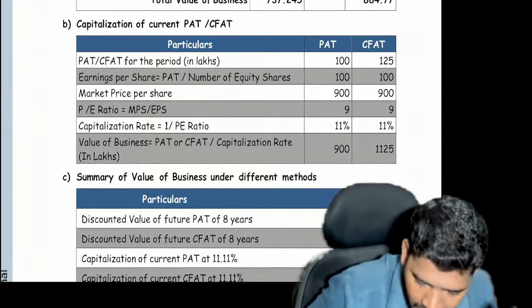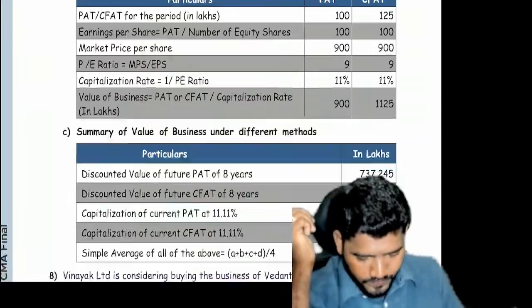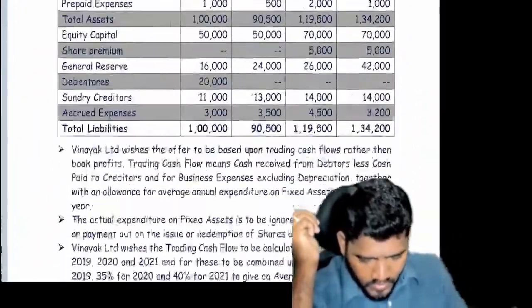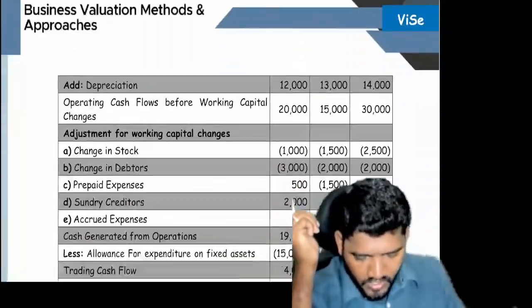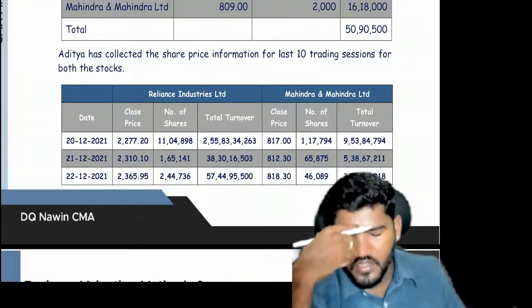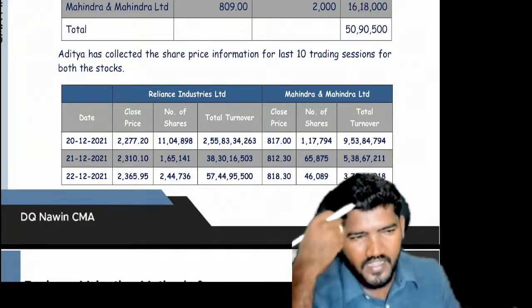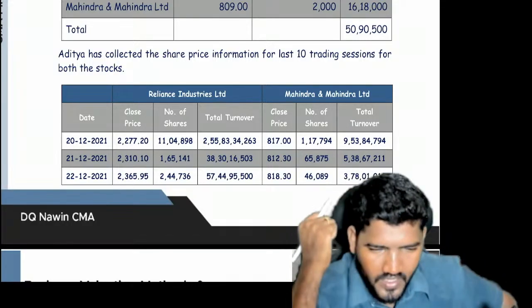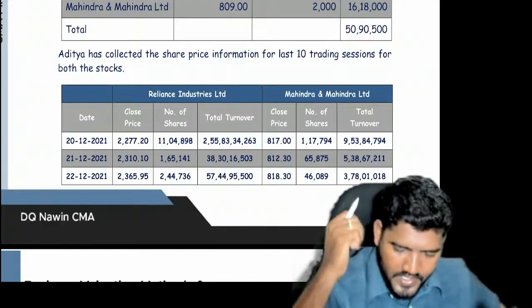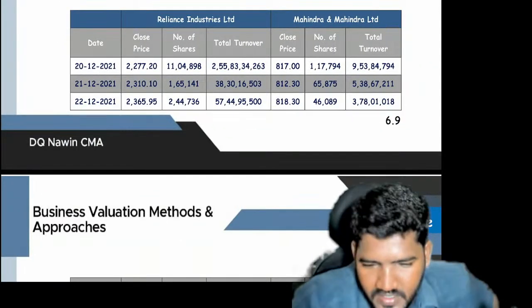The calculation of R is 1 divided by PE ratio. That's it, guys. All this relates to the discounted cash flow method as well as the earning capitalization method. Next, you have to focus on the market value method.